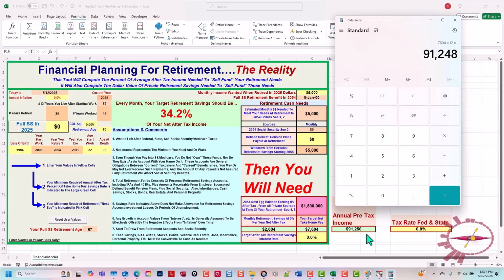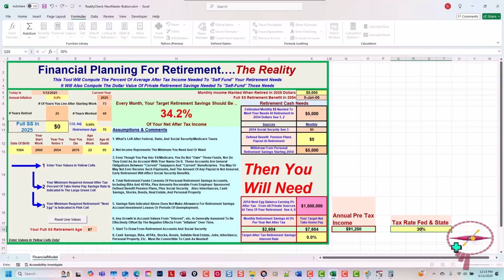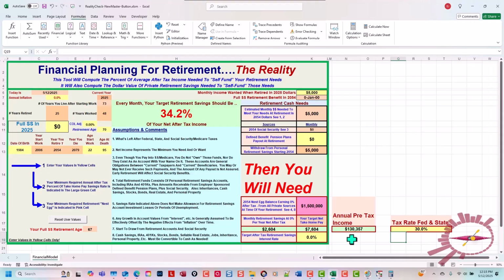And to pretty much wrap this up, we've assumed that our annual income wasn't subject to any federal or state taxes. That's not realistic. So we're going to enter a value here. And we'll say that our federal and state tax rate combined will be 30%. On the basis of a 30% tax rate, we really need to make a gross annual pre-tax income of a little over $130,000.